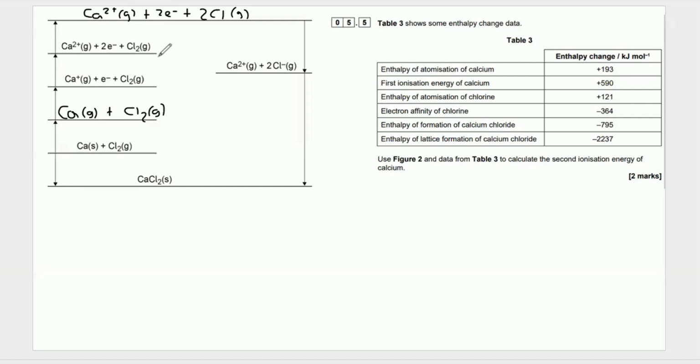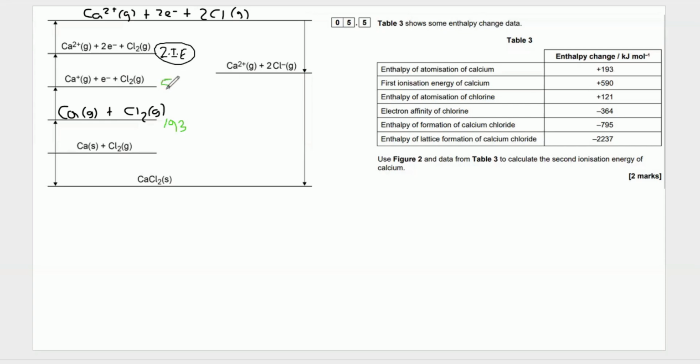So what we want to do is write the data in for all of the others and then try and work out that missing one, okay? So this is our second ionization energy of calcium. So what we're going to do, we're going to go to this data on the right-hand side and write all the numbers into the correct places.